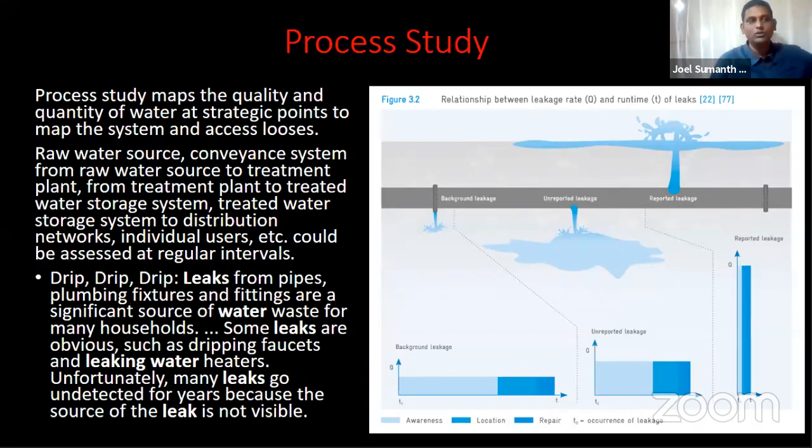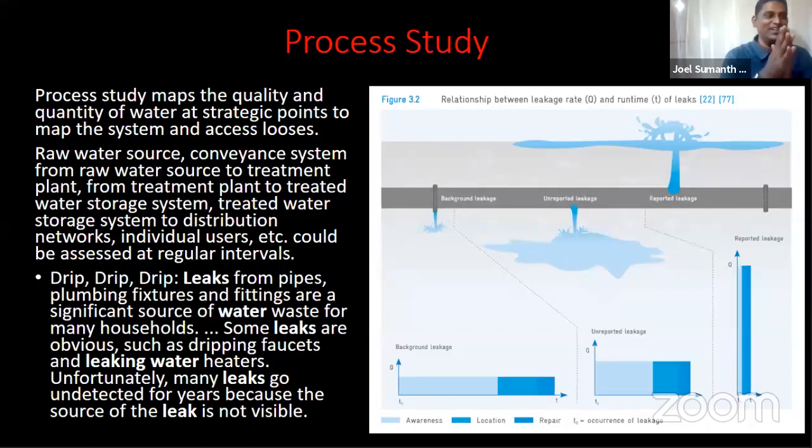Then you have something called reported leakages. So usually what happens is when the water leak is inside our house, we treat it as a reported leak, and when it causes inconvenience to us, we could treat it as a reported leakage.